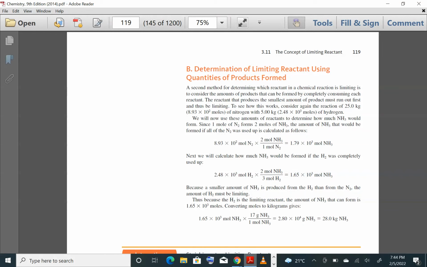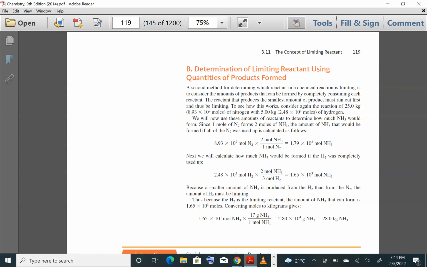Then you see the moles of nitrogen there on top. They've been multiplied by the mole ratio. Since 1 mole of nitrogen gives 2 moles of ammonia, to figure out the number of moles of ammonia you have to multiply the number of moles of nitrogen by 2. So that's what the mole ratio has done.